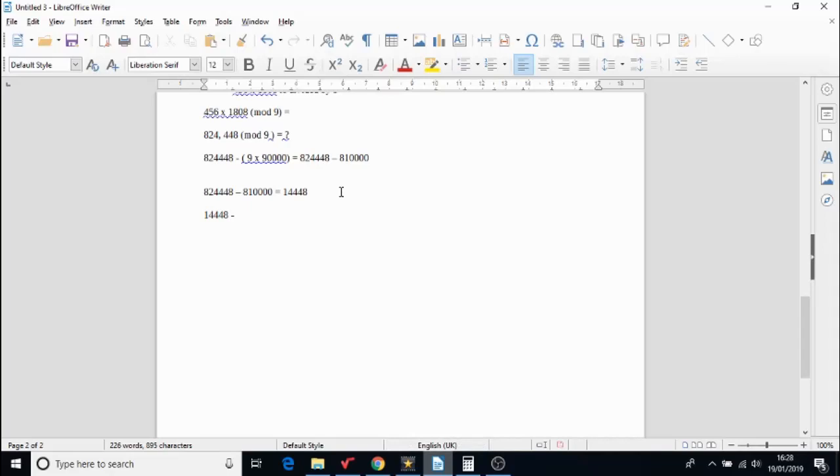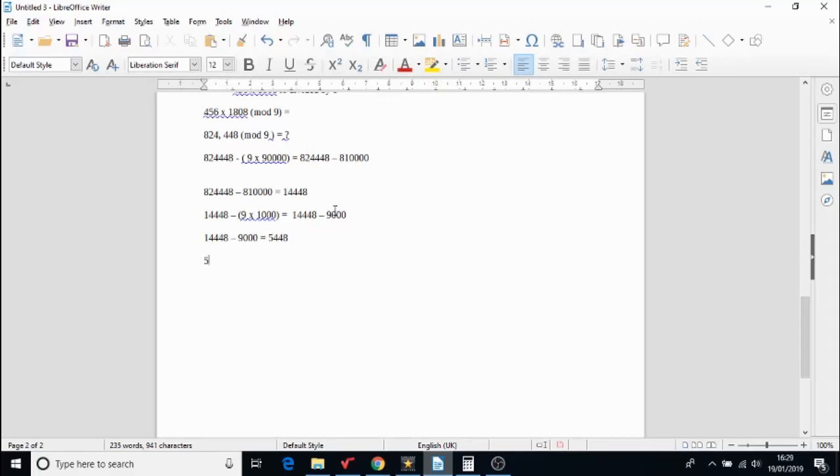We can subtract 9,000 from that, so 9 multiplied by 1,000. 14,448 minus 9,000 is equal to 5,448.